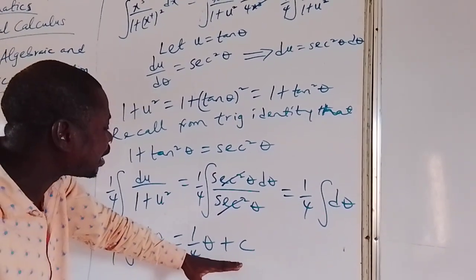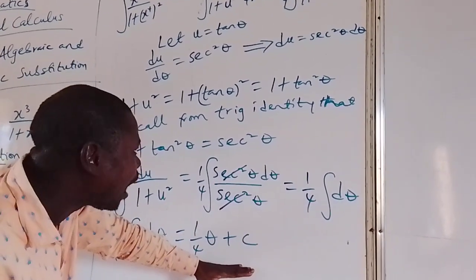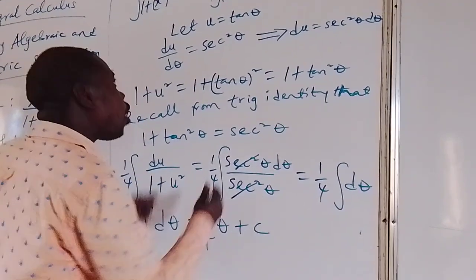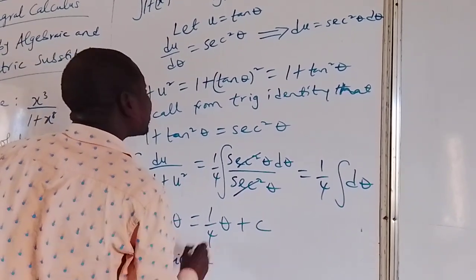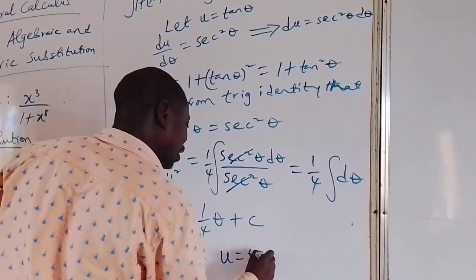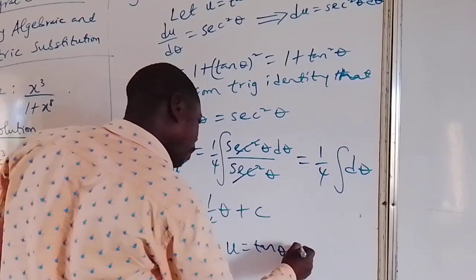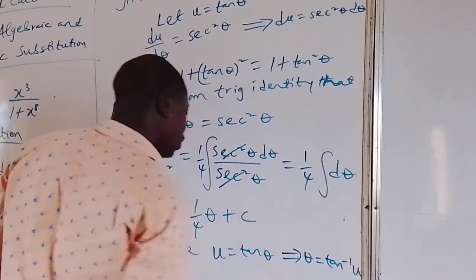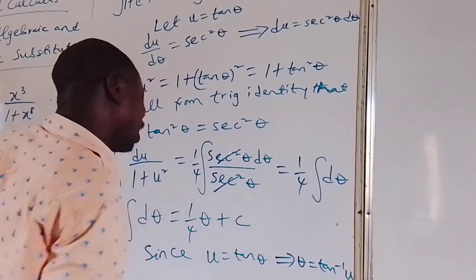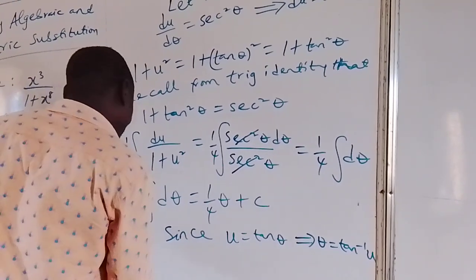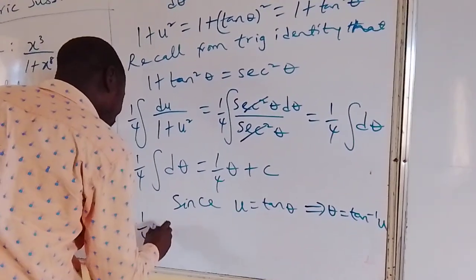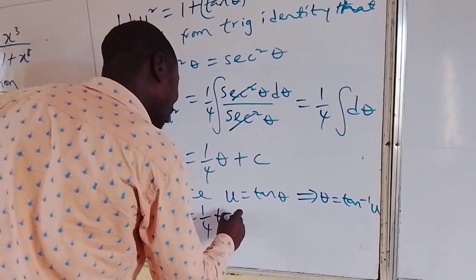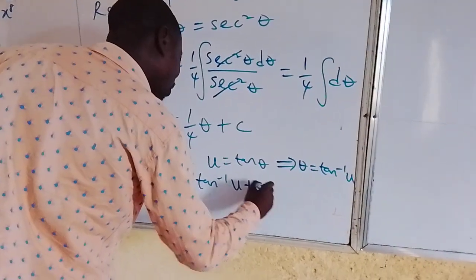Now since my answer is in terms of theta, I will go back from theta to u, then back to x. Since u is equal to tan theta, what does that imply? This implies that theta is equal to arctan of u, so theta will be tan inverse of u. So I can rewrite 1 over 4 theta plus arbitrary constant as 1 over 4 arctan of variable u plus c.